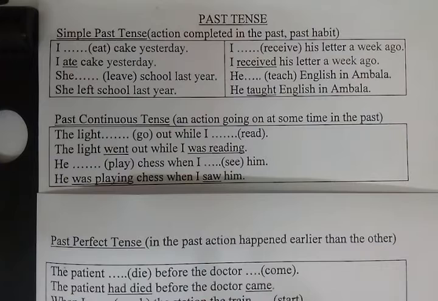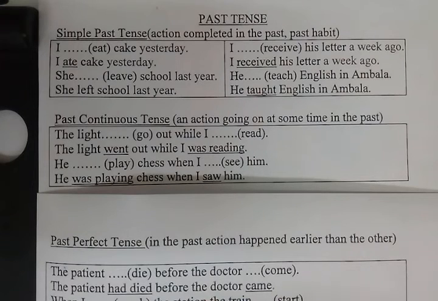In past perfect tense, there are two events. For the event which happened earlier, we will use had plus third form with that part of the sentence. The event which occurred later, we will simply use the second form of the word as in simple past tense.